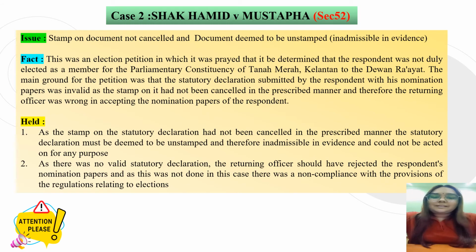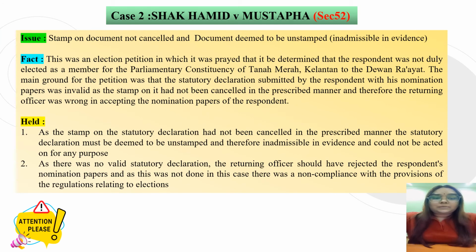It is clear that the stamp affixed, not having been cancelled in the prescribed manner, must be deemed to be unstamped, and therefore it is inadmissible in evidence and cannot be acted upon for any purpose.